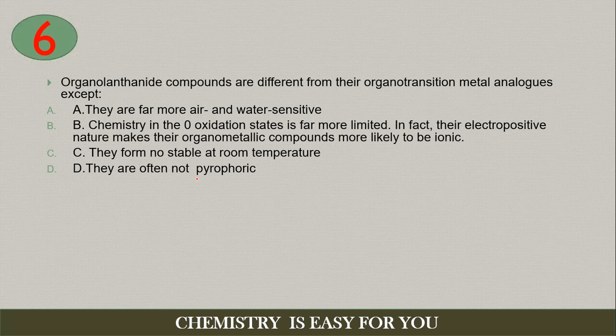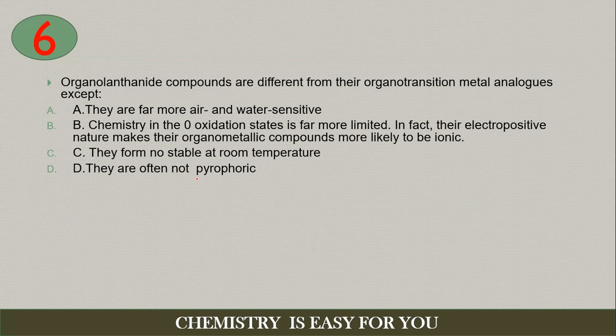They'll be clubbed together, forming one compound, and corresponding to a lanthanide element, there should be a transition element also. So here we are talking in the same group: organotransition and organolanthanide compounds will be different from each other except in one point.